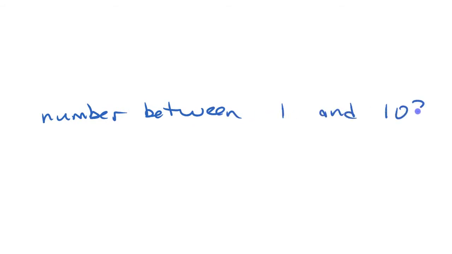I'm sure you've been asked before to pick a number between 1 and 10, right? Pick a number between 1 and 10. Somebody's asked you that before? Have you ever said to the person, or a number like 3.2 or pi or square root of 8 or something like that?